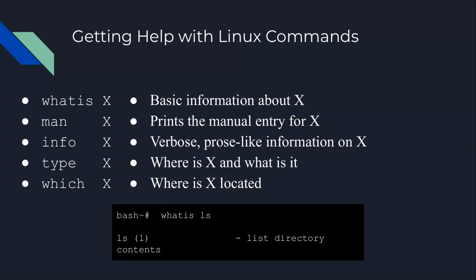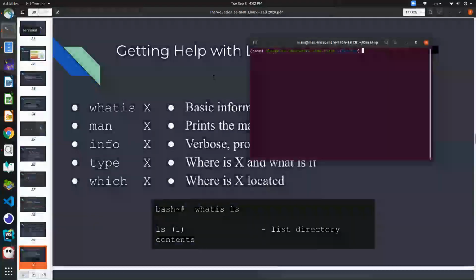Consequently, if you wanted to look at the manual for most Linux commands, and the Linux manual is actually available on the internet too. So if you don't want to look for it in the command line, you can actually pull it up on the internet, and it's a little easier to read that way. Info is a command that will print out very verbose, prose-like information on whatever command you're looking up. So that tends to be quite a bit more detailed.